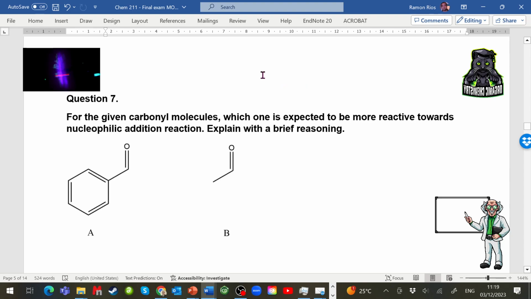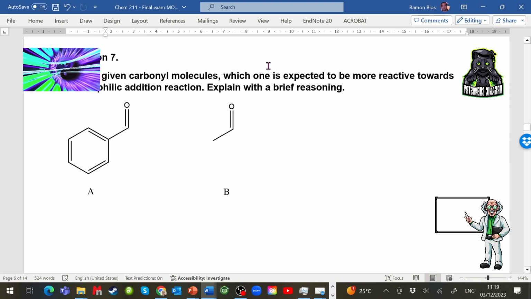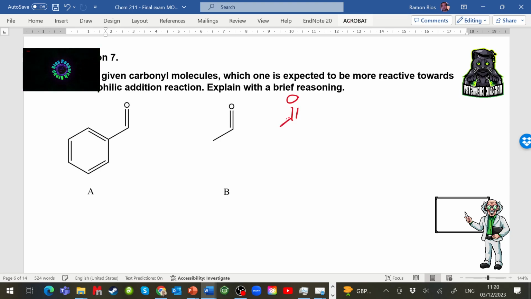Question 7. For the given carbonyl molecule, which is expected to be more reactive towards nucleophilic addition reaction? Remember that the reactivity of the carbonyl molecule comes from, I put an example of an aldehyde, because the oxygen is more electronegative than the carbon, we have a partial negative charge here and a partial positive charge.